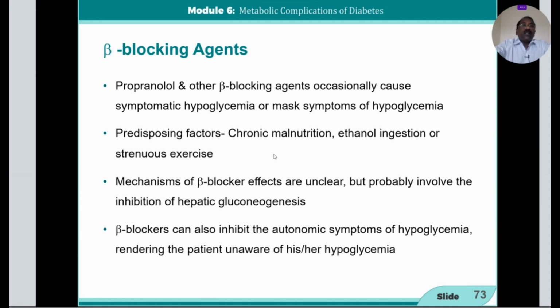Even though these are all symptoms of hypoglycemia, they are masked by the beta blockers, so he doesn't recognize that he is having a hypoglycemia. He misses the symptoms and ends up with very severe hypoglycemia. So beta blocker therapy will mask the symptoms of hypoglycemia.